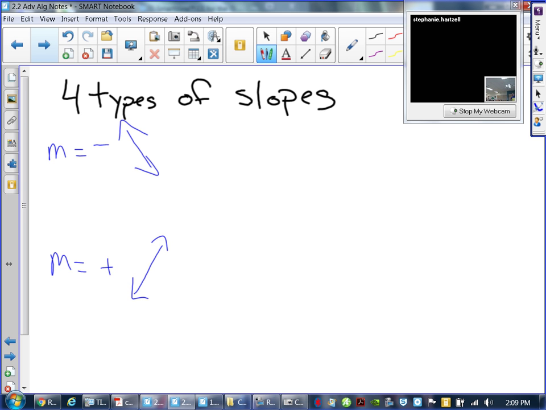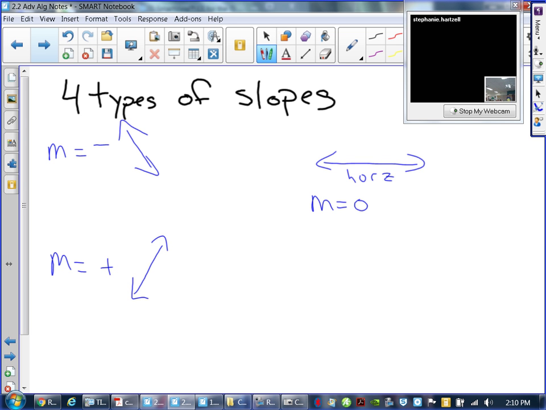Now, what is the slope of every single horizontal line? 0. Very good. The slope of 0 is because it's a horizontal line. And then what's the slope of every vertical line? It's undefined.